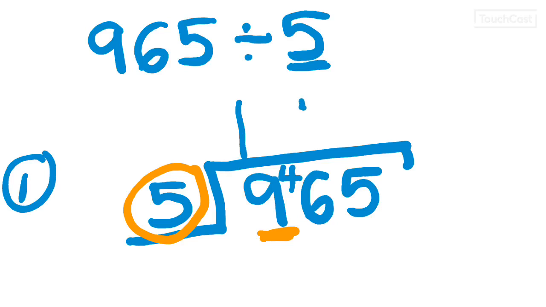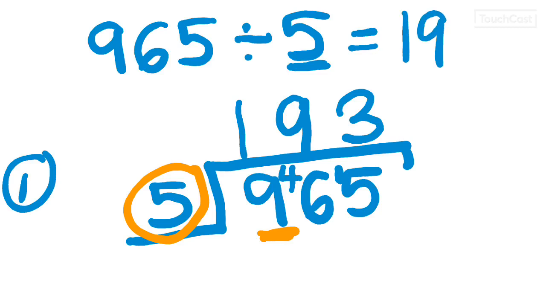Well, it goes 9 times. 9 times 5 is 45, and you have 1 left over. We then go into our units and we look at 15. How many times does 5 go into 15? Well, we know it goes in 3 times. So our answer at the very end is 193. Now, I told you that this was a lot easier than you probably thought it was going to be.